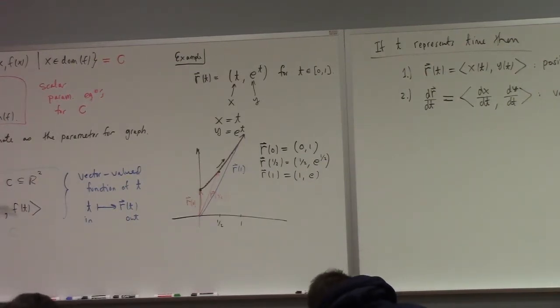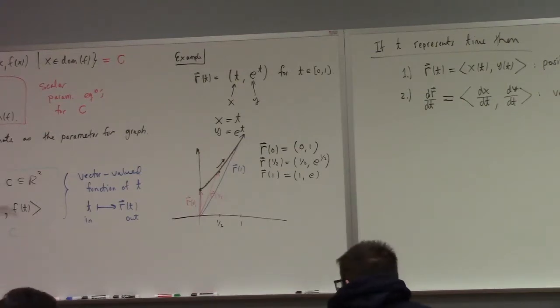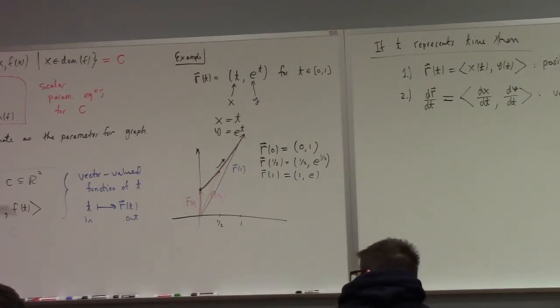You give it an input, it gives you an output. It's just that for a parameterization, the input is the parameter, the output is a point. You've been taught about functions where the input is a number and the output is another number. That's just the first kind of function. There's lots of functions which take one kind of input and give a completely different kind of output. This is a good example of that, the parameterization of a curve.